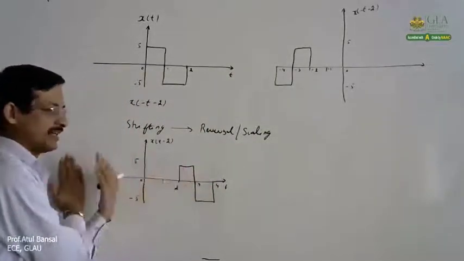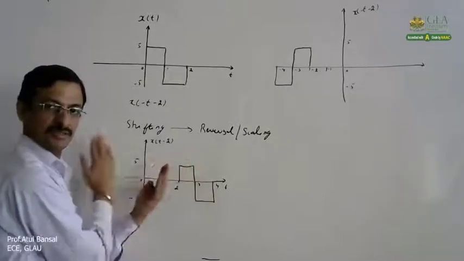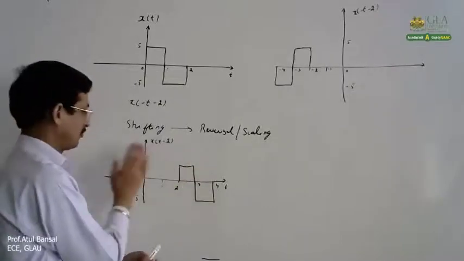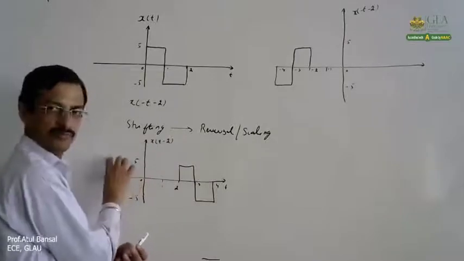This is getting shifted like this. Just reverse it across. So that 2 to 3, this will be a positive pulse.